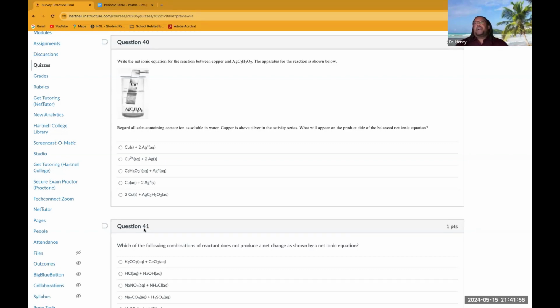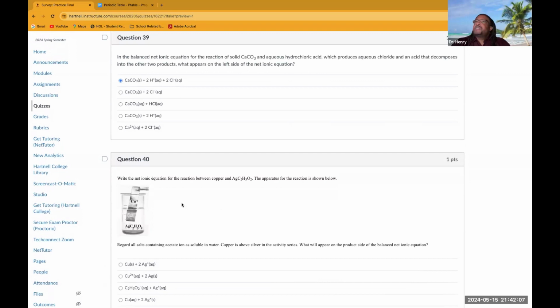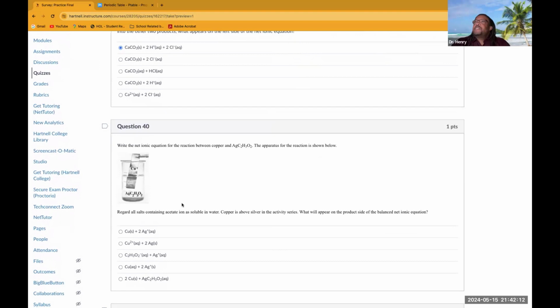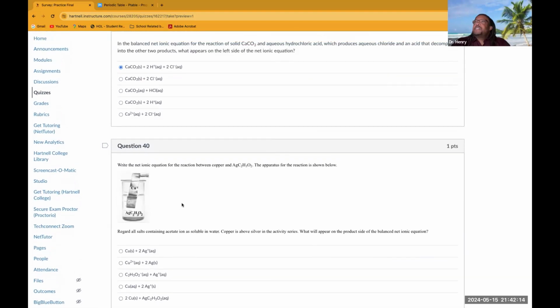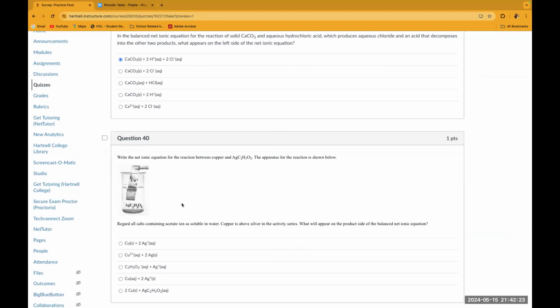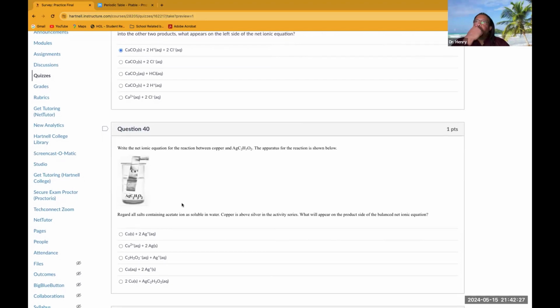Now we're talking about net ionic equation. So copper is going to replace silver in that AgC2H3O2.